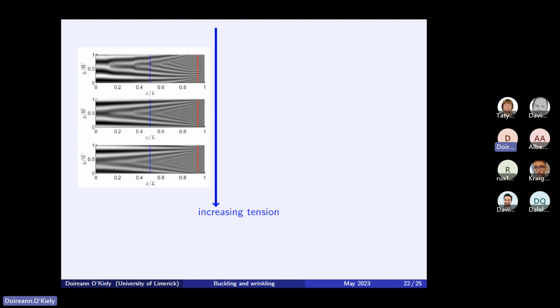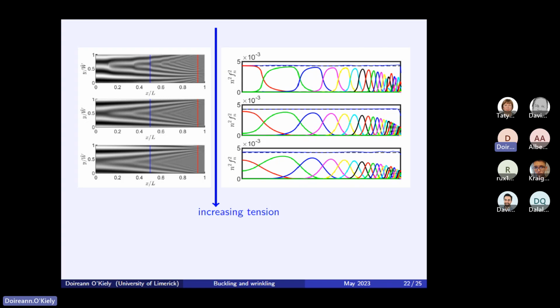Okay, so it's helpful to maybe think about taking that profile and breaking it into Fourier modes. And so you have the first Fourier mode corresponding to 4 wrinkles, and then the amplitude of that decays, and the one corresponding to 5 wrinkles increases, and you tip through all of the Fourier modes.